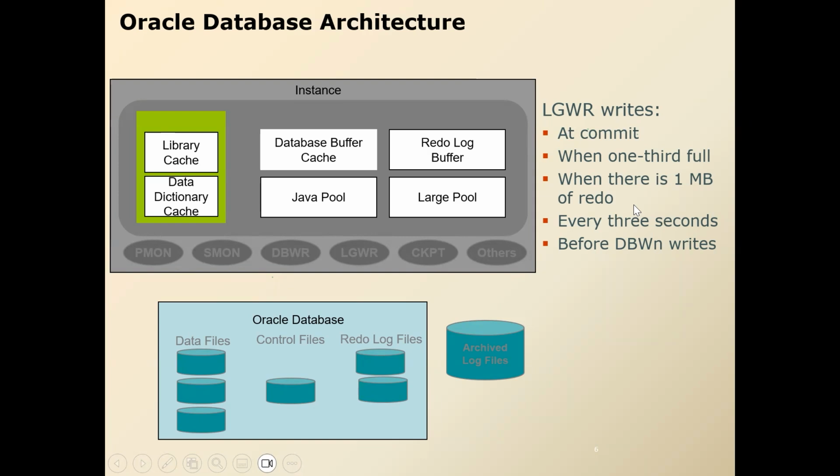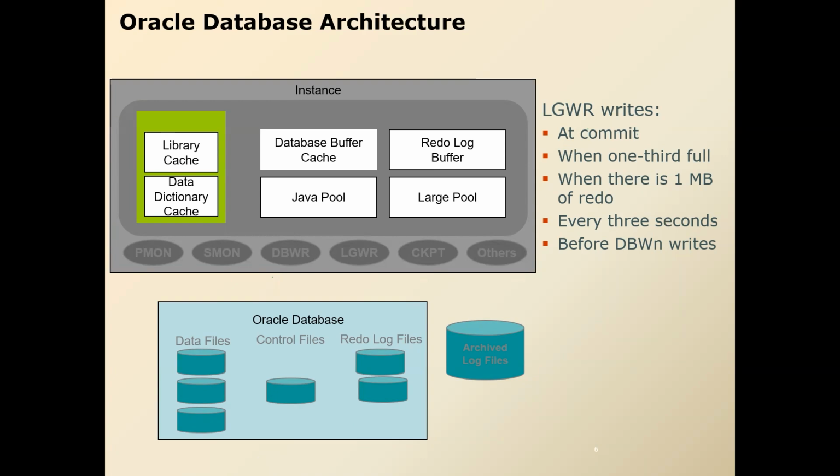Whenever there is a commit, or when your redo log buffer is 1/3 full, or when there is 1 MB of redo in the redo log buffer, or every 3 seconds, or before the database writer process writes the data from the database buffer cache to the data file.